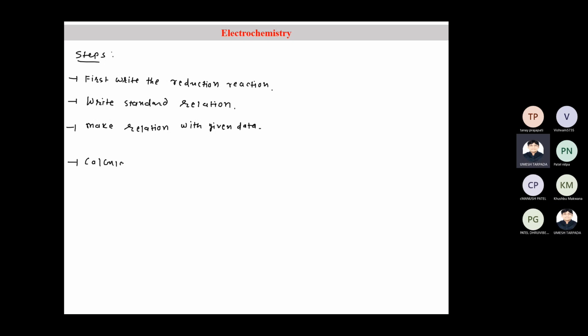Calculate mole, and from the mole you can calculate weight. The simple formula is mole equals weight upon equivalent weight or molecular weight. See, these are the steps you have to follow whenever you are solving any example.